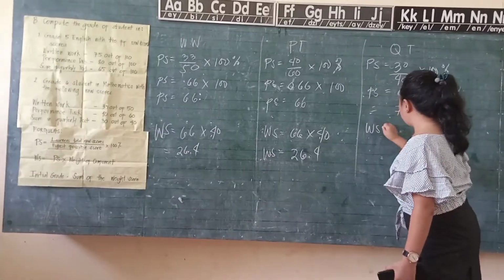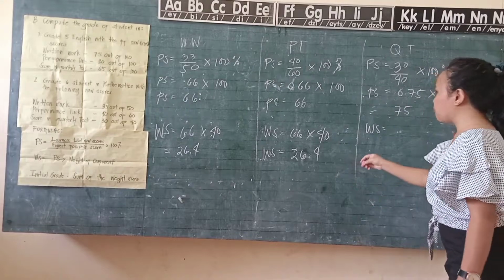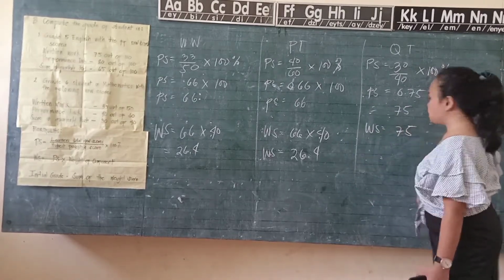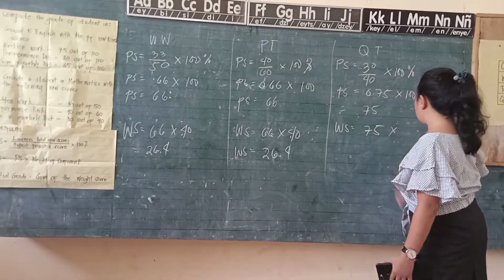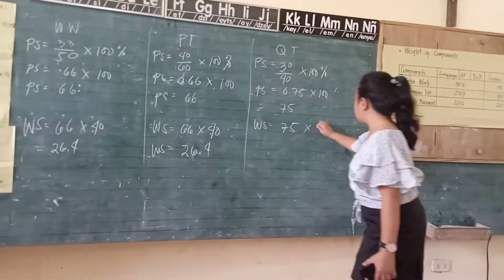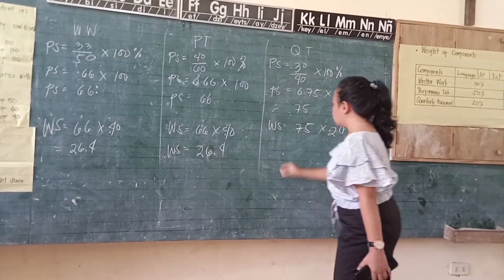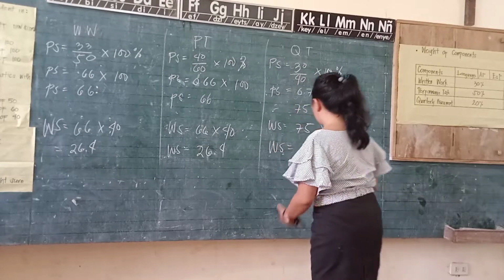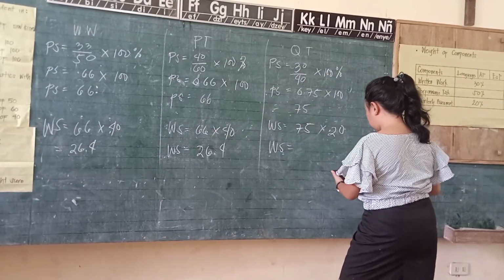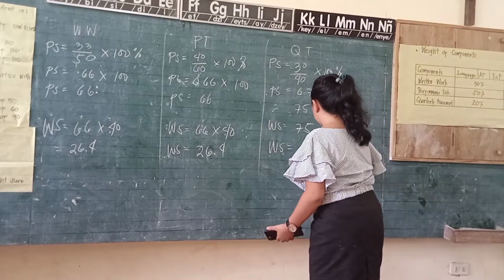The weighted score is the percentage score, 75, times the weighted component in the quarterly test in mathematics, 20% or 0.20. So 75 times 0.20 is equal to 15.